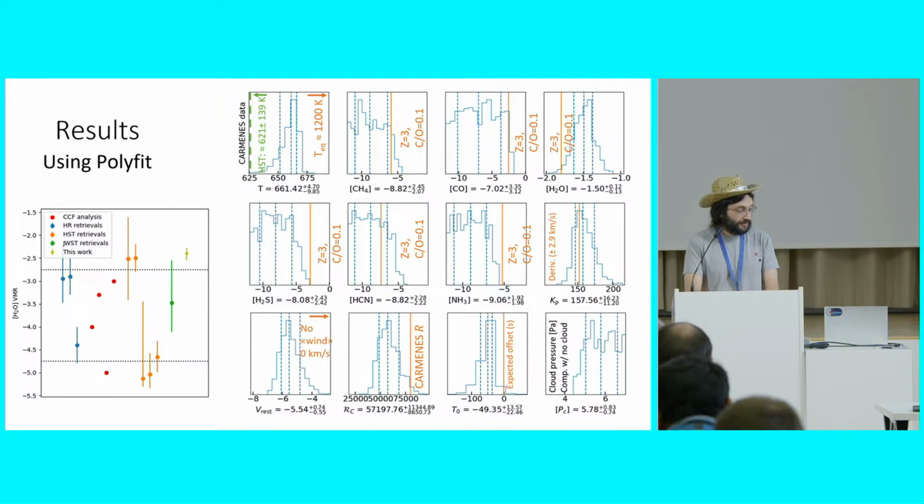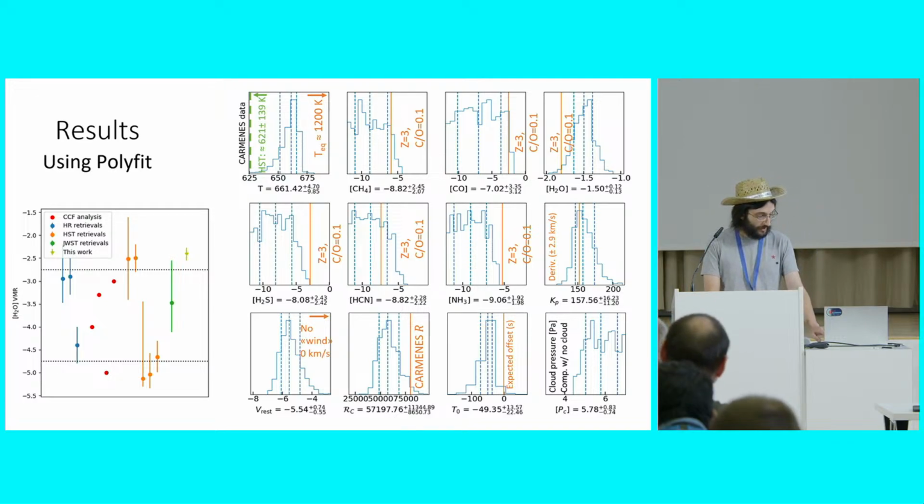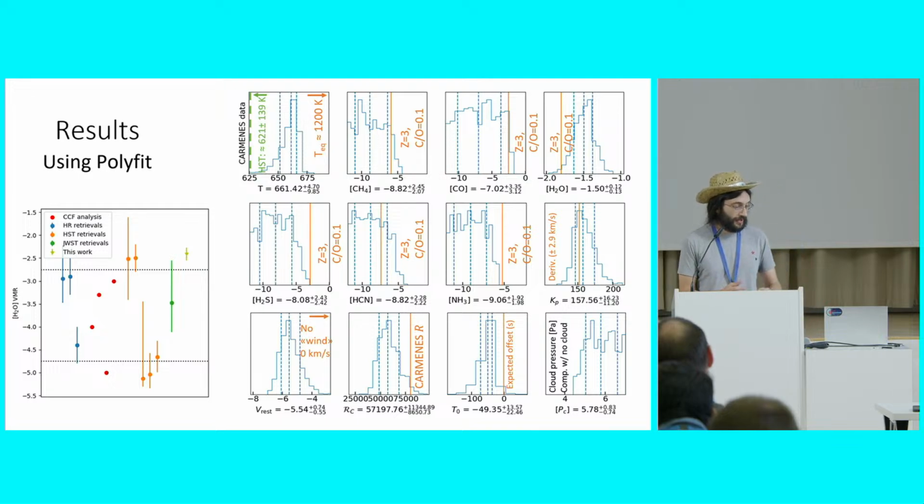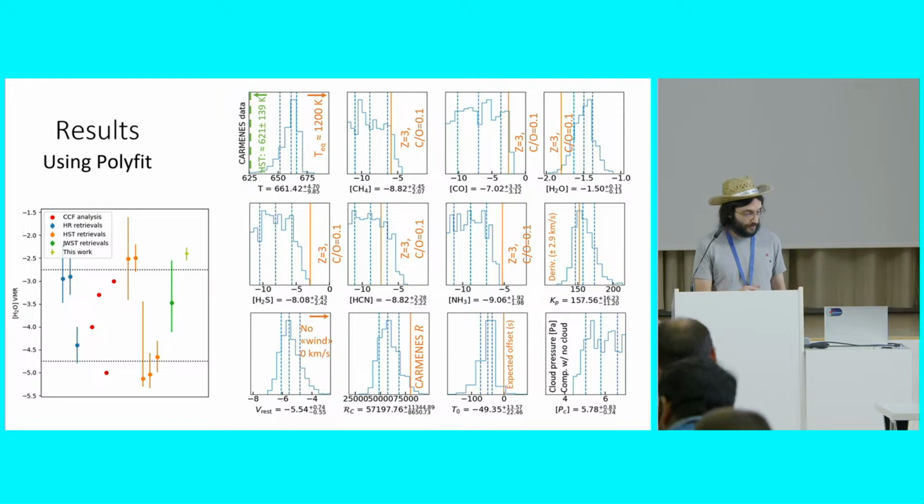On the left, you can see that we added some points, and you can see that it's consistent with the JWST result. There is a lot to discuss on this retrieval, but what you can see is that it's more or less consistent with a metallicity of 3 times solar and a C/O ratio of 0.1.